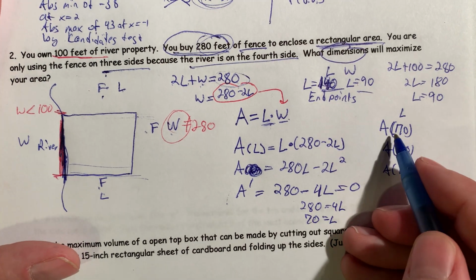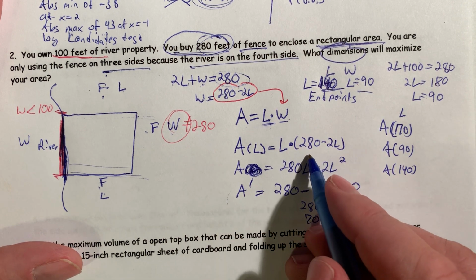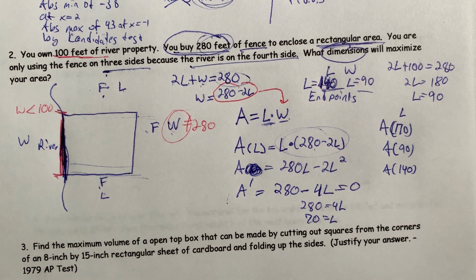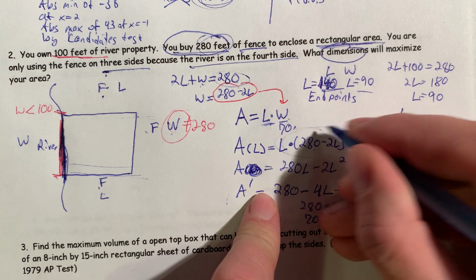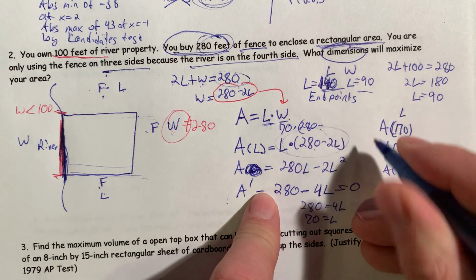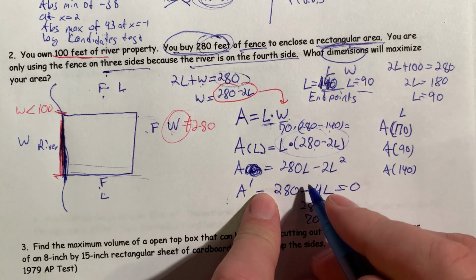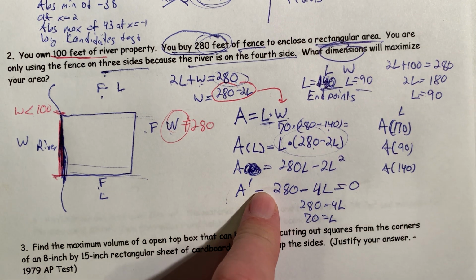So when the length is 70, what is the area going to be? Well, the area is length times width. But we already have it as a function of area. So let's do this. We've got 70 times 280 minus 2 times 70 would be 140. And we'll get 70 times 140. Oh, wait, hold on.